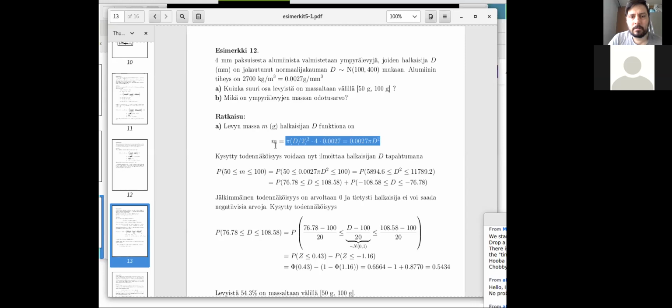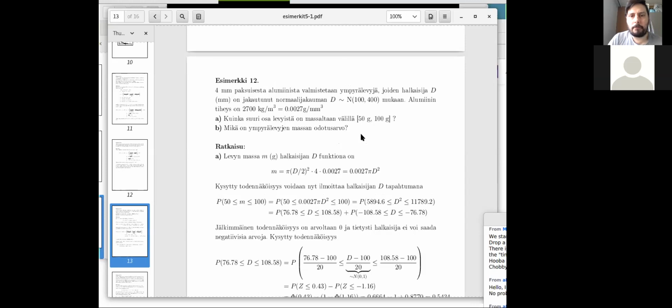The mass, well, it's 4 millimeters thick. We calculate this in grams because the density is 2,700 kilograms per cubic meter.